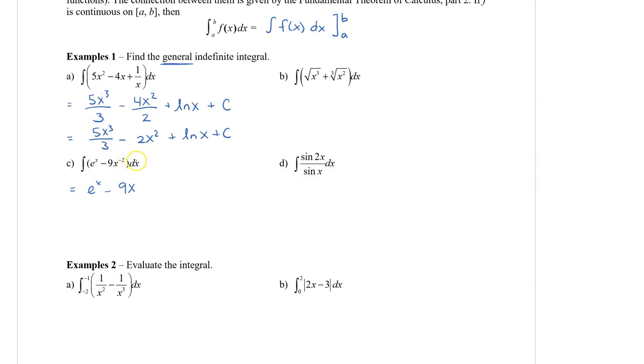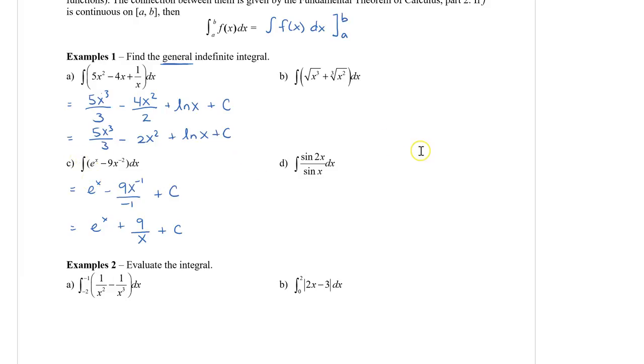We add 1 to the exponent, so that would be negative 1 over negative 1, and then plus c. So this will be e to the power of x plus 9. Notice the 9 doesn't move because it doesn't have a negative exponent, so only the x moves to the denominator, and then plus c. So most of this is review. There might be a few new antiderivatives that we haven't done before.